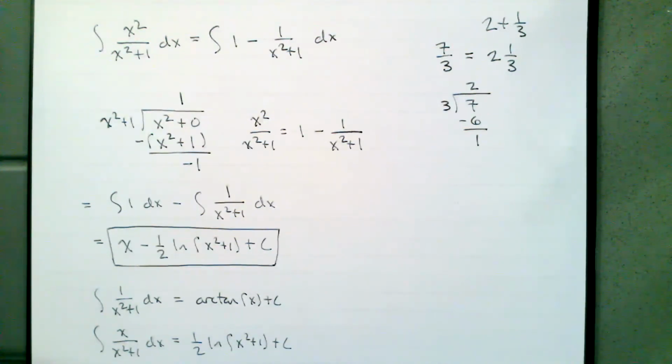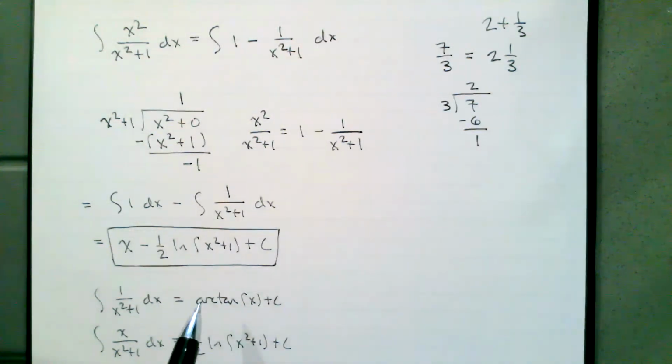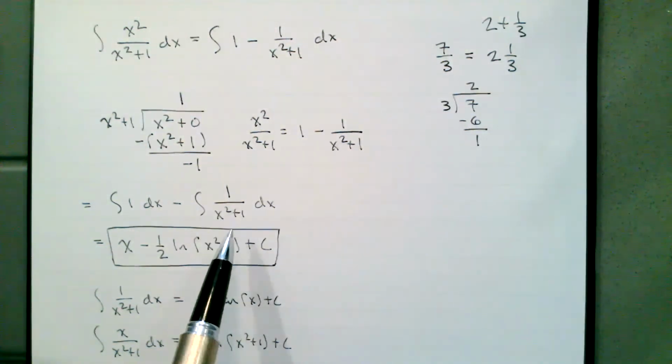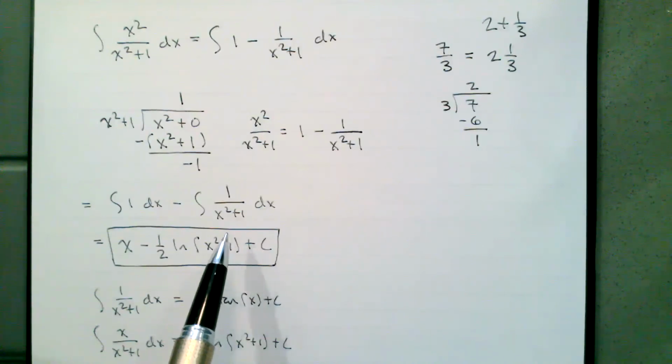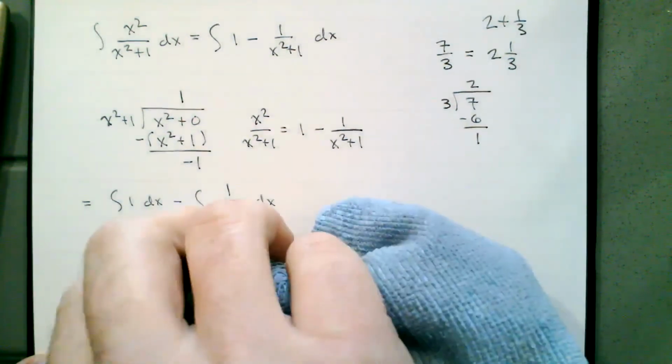Okay, so then how did you get the 2 integrals right below that? The integral of 1 dx minus the integral of 1 over x squared plus 1 dx. The integral of 1 is x. That's one integral. And then this is the integral that we did on the previous page. W is x squared plus 1, dw is, oops, this is a 1 over x squared plus 1. I did the natural log, and it was supposed to be the tangent.